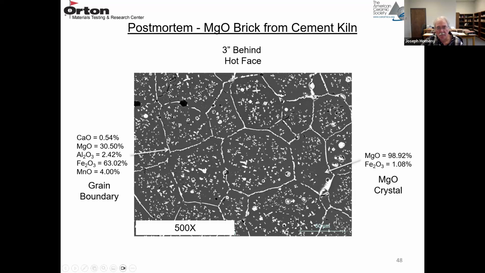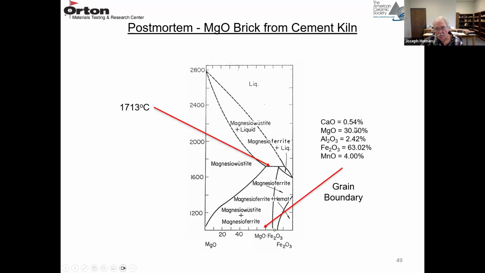So these are the iron MgO magnesiowustite crystals that precipitate in the MgO grains. So this was the chemistry in the grain boundary area, about 63% Fe2O3 and 30% MgO.